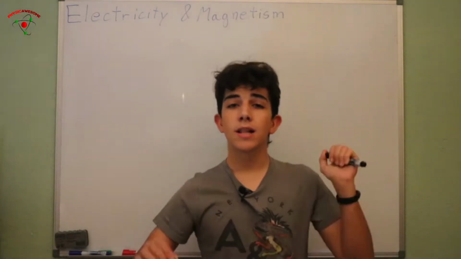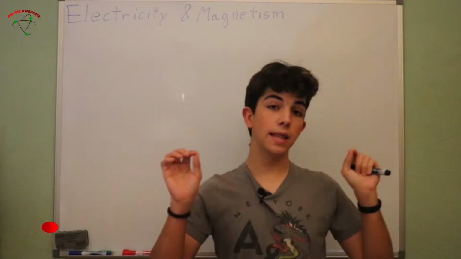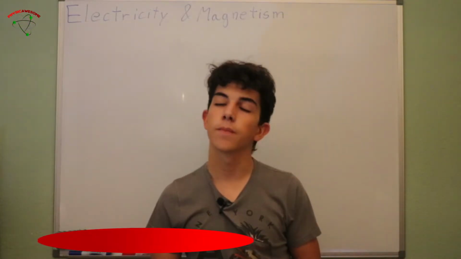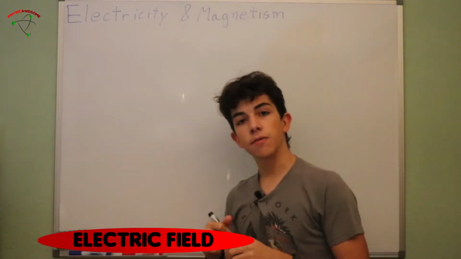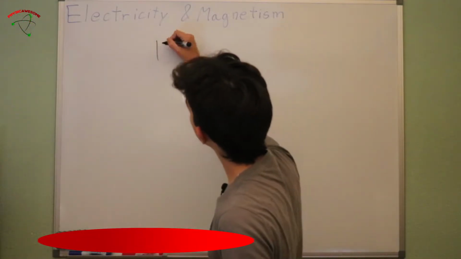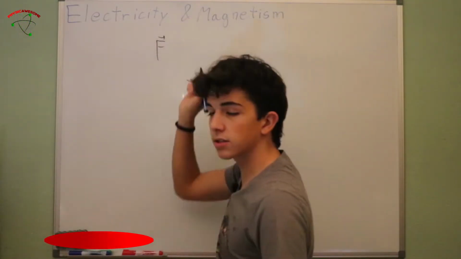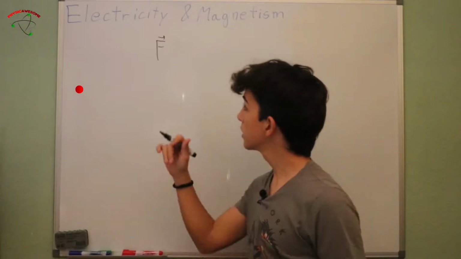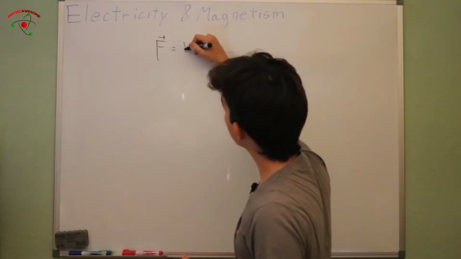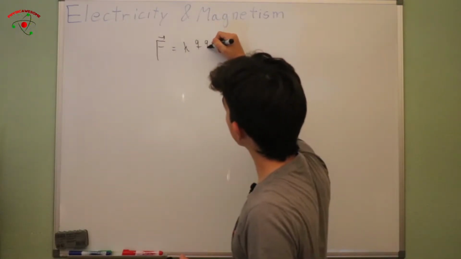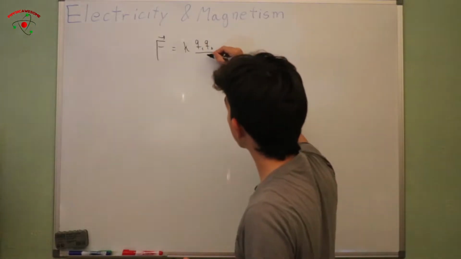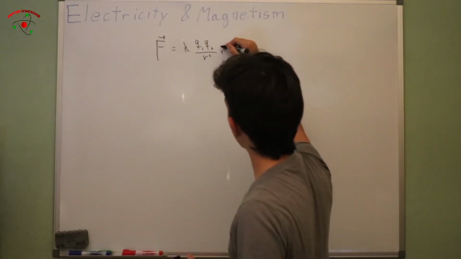Alright, now let's try to understand what the electric field really is. We know that the force that a charged particle feels equals k times Q1 times Q2 over r squared, times r hat 1,2.